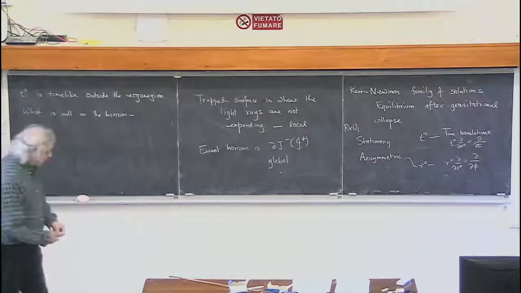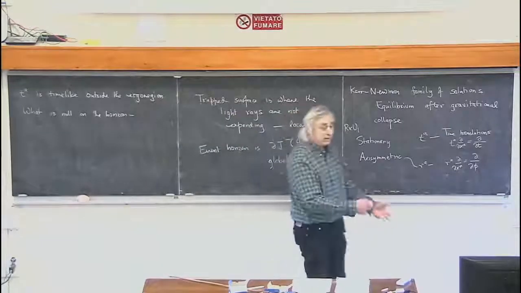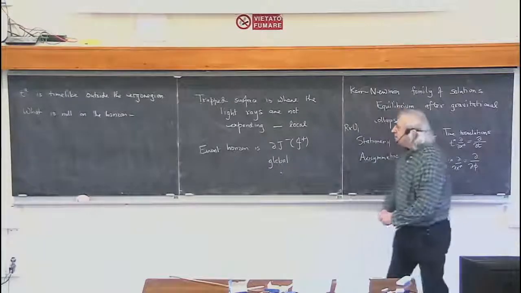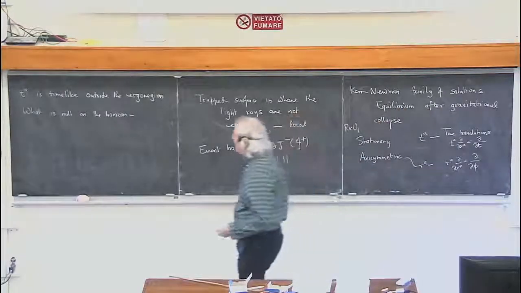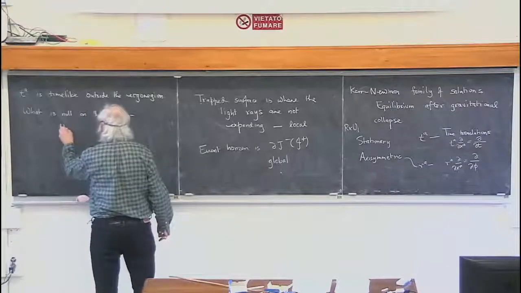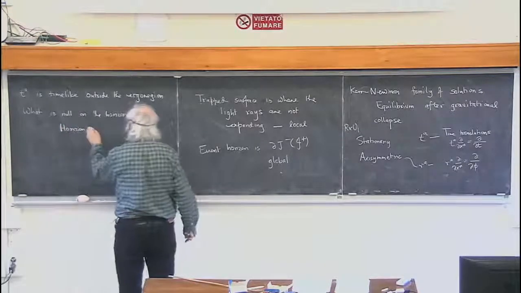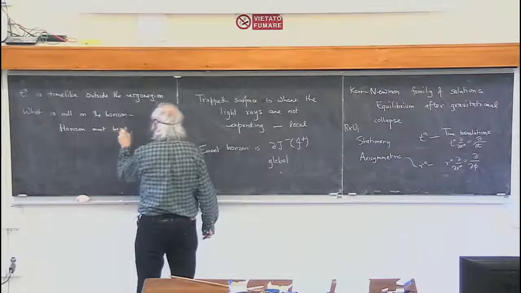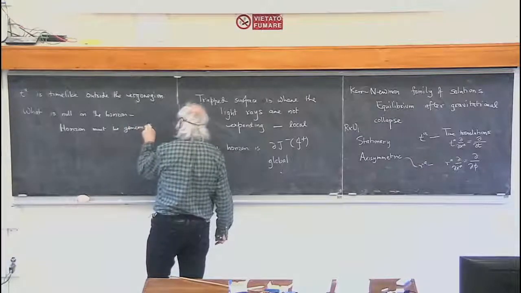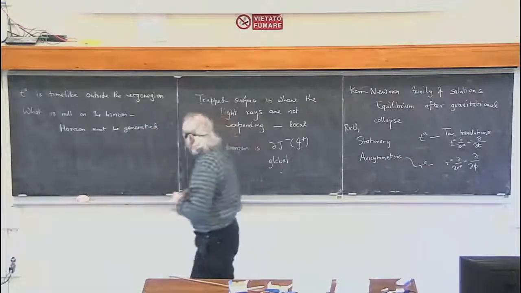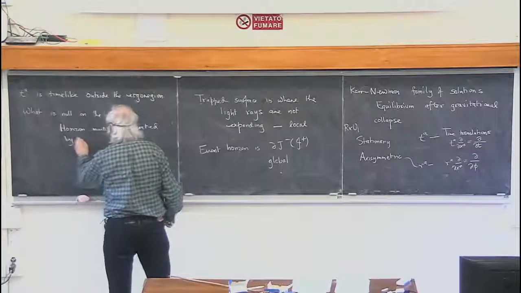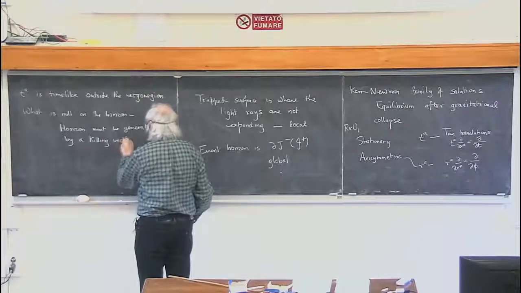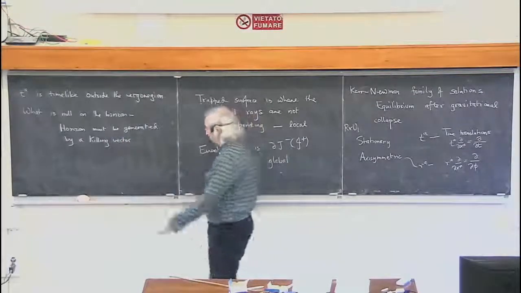Whatever it is, this Killing vector has got to be a Killing vector because the horizon is stationary. It doesn't evolve in time. So it must correspond to a Killing vector, simply because light rays moving up the horizon don't do anything. That is to say that there must be a Killing vector which is tangent to the horizon.